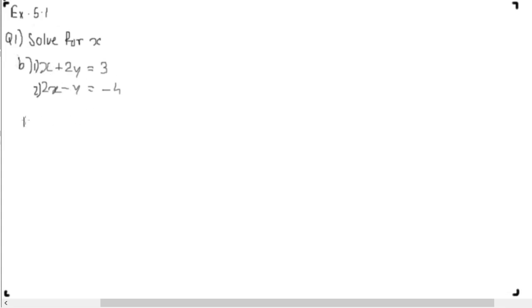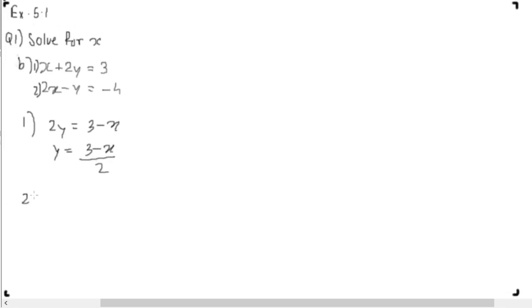For equation 1, since x plus 2y is equal to 3, that means 2y is equal to 3 minus x, and y is equal to (3 minus x) over 2.